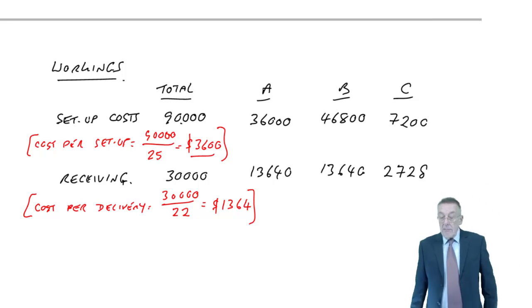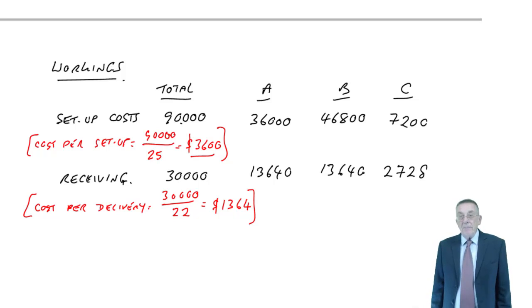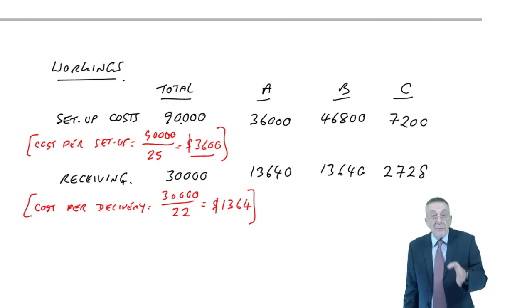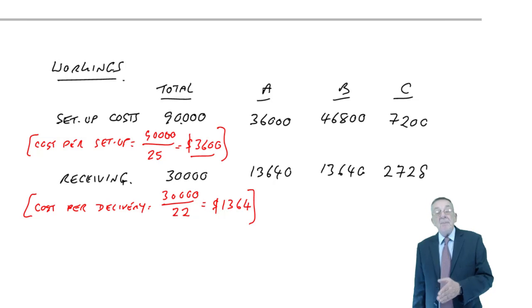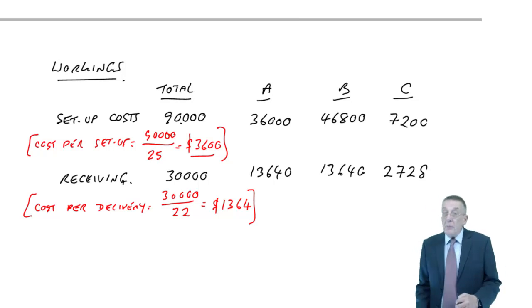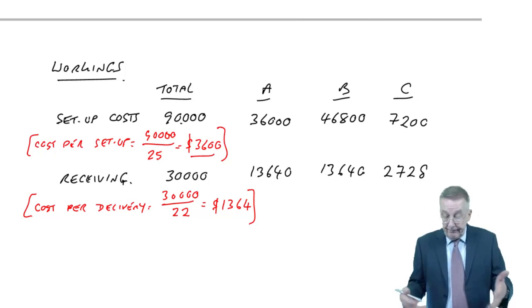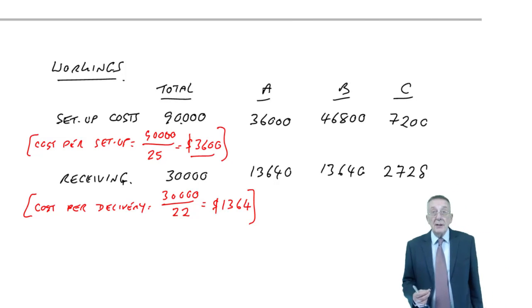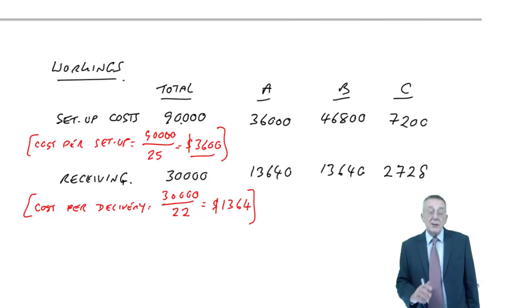Now again, some of you will be saying, no, it doesn't add up. Of course it doesn't add up. It's a few dollars different in total because of the rounding. If it upsets you, by all means, do it to the nearest cent. But as I said earlier, if you're patient, you'll see why when we come to the end, it doesn't really make any difference.